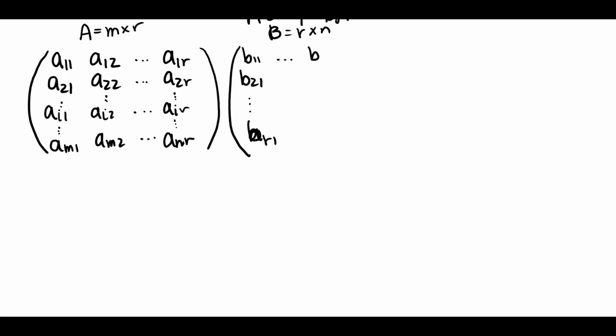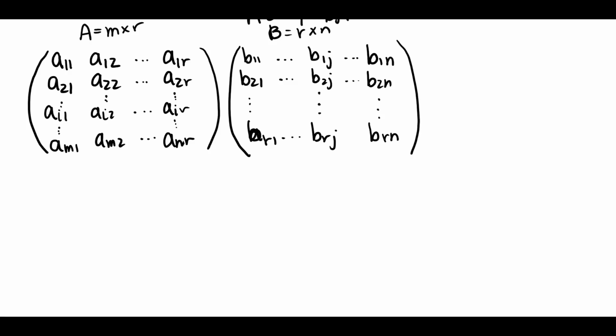Let's just take the jth column. So this will be B1j, B2j, dot, dot, dot, Brj, dot, dot, dot, B1n, B2n, dot, dot, dot, and then we have Brn, right?